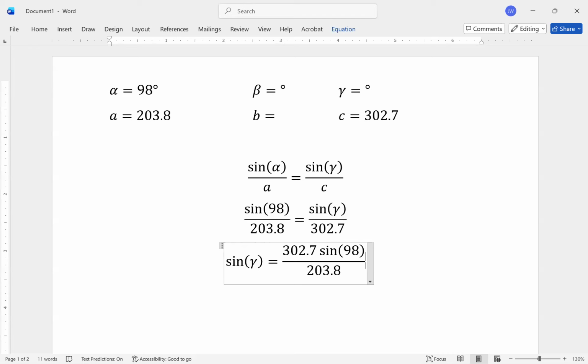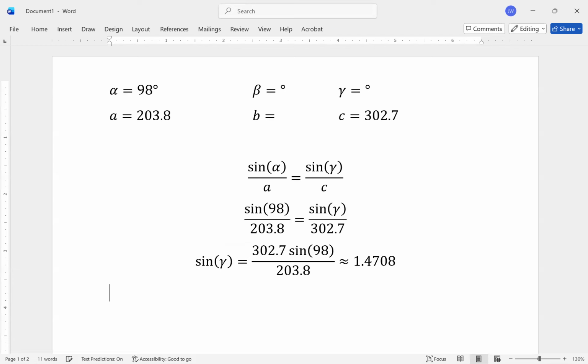If we go ahead and try to solve this, we'd end up with sine of gamma equal to 302.7 times the sine of 98 degrees divided by 203.8. Everything looks pretty normal up to this point, just like what we did earlier. But when I calculate this, the sine of gamma is about 1.4708. That is a problem because sine of an angle is always between -1 and +1.